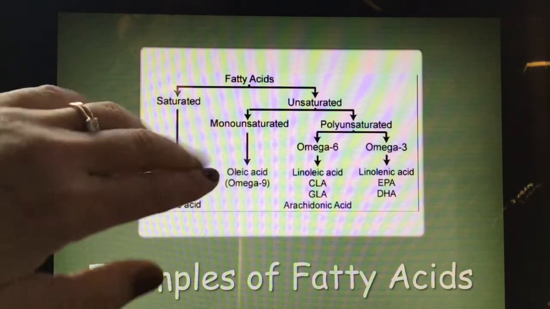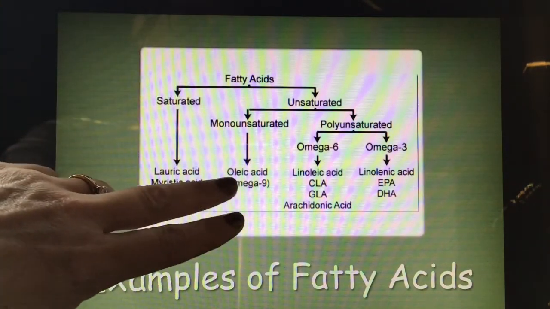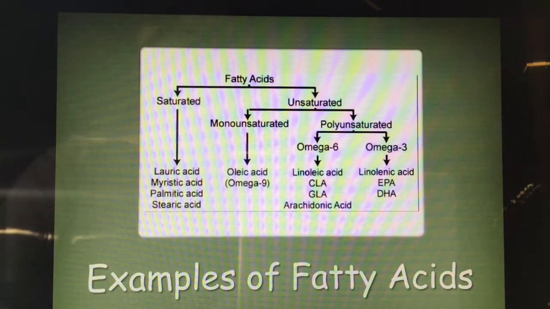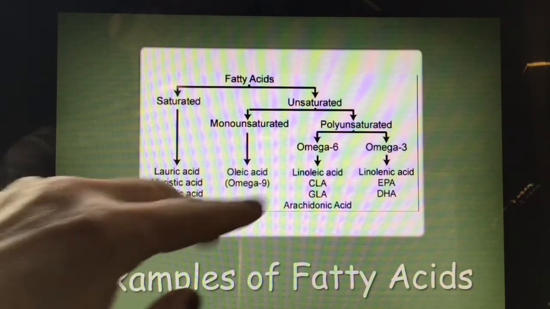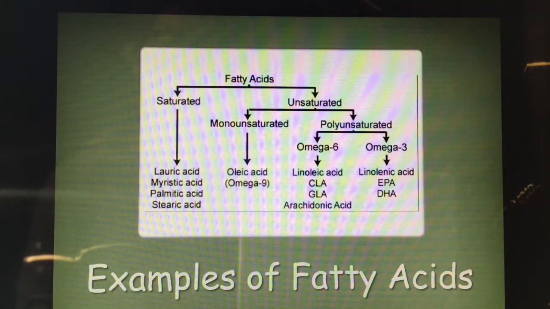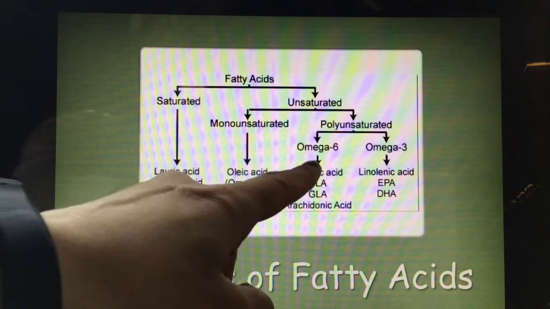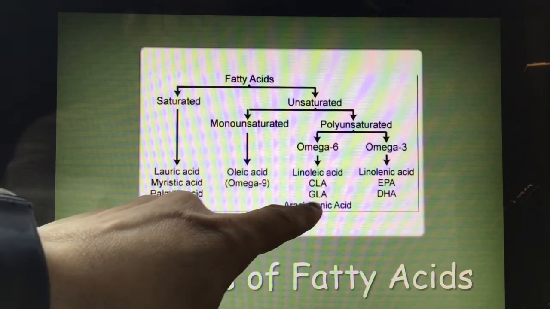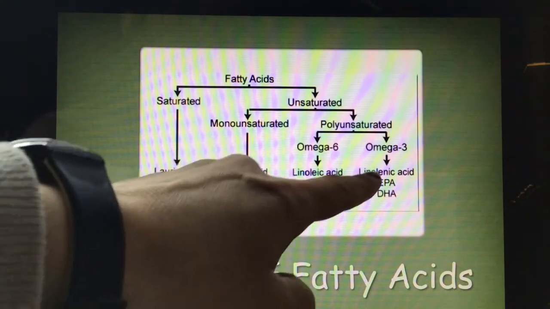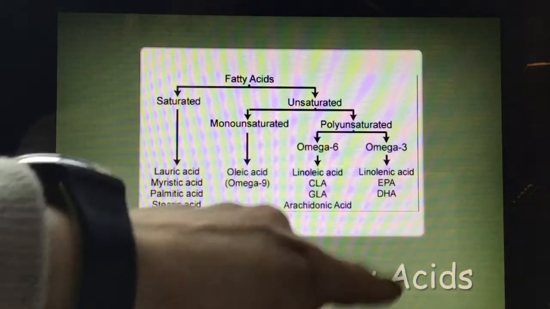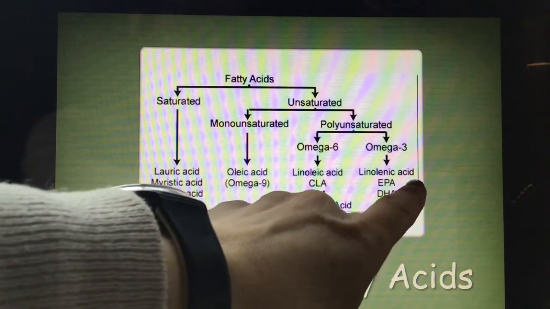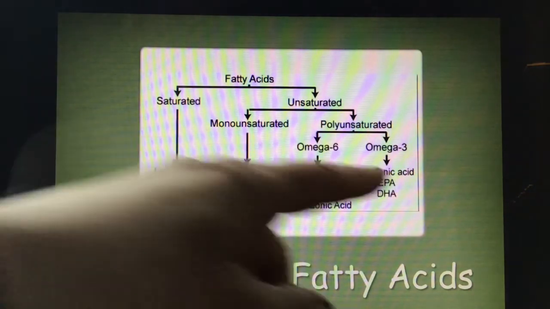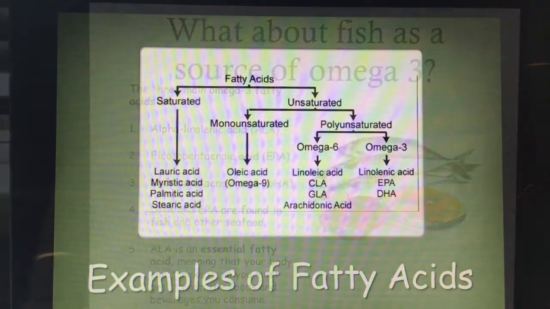Monounsaturated is easy, it's just got one double bond along the carbon chain, and your example is olive oil or oleic acid. Polyunsaturated is what you need to spend most of your time studying, really, and that's what we're doing in this section. Omega-6 would be linoleic acid, CLA, GLA, and arachidonic acid, and omega-3, which is more important, is alpha-linolenic because that's an essential fatty acid, EPA and DHA, extremely important.